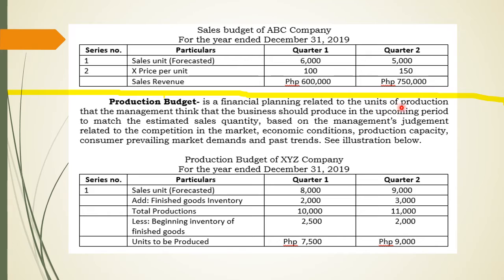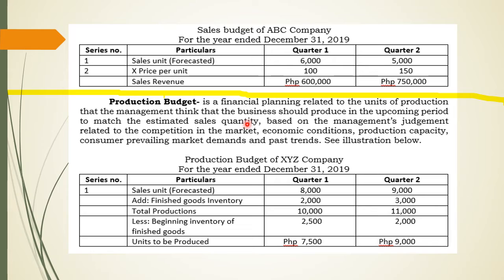It is a financial planning related to the units of production. Units of production meaning pila ka mga units, pila ka buok nga i-produce nimo. That the management thinks that the business should produce, pila dapat ang himuon in the upcoming period to match the estimated sales quantity.